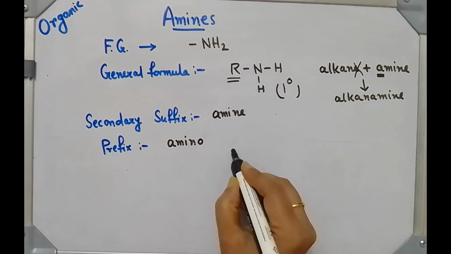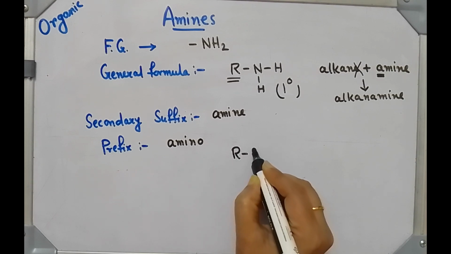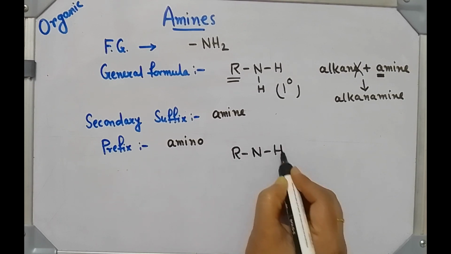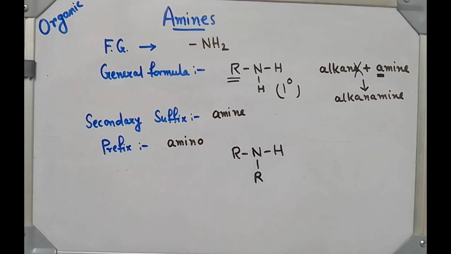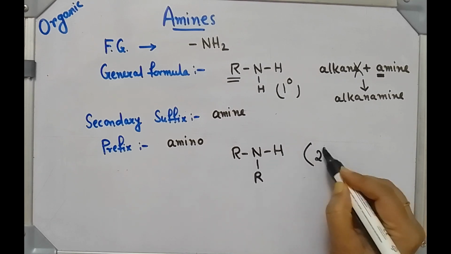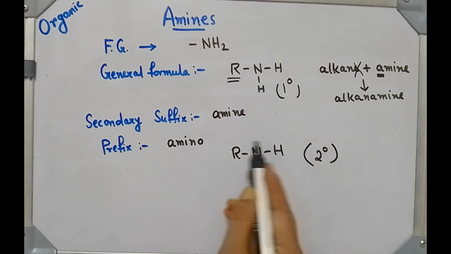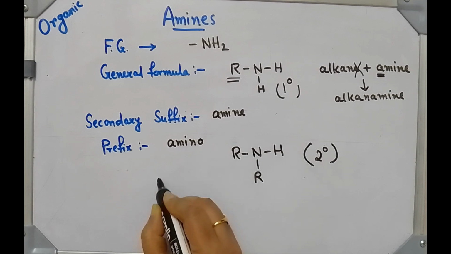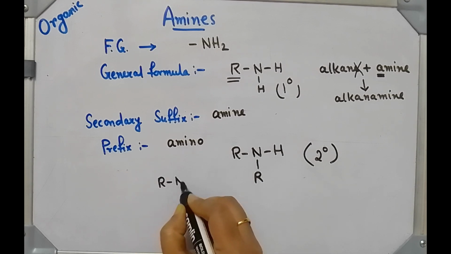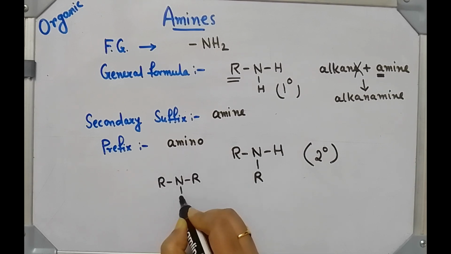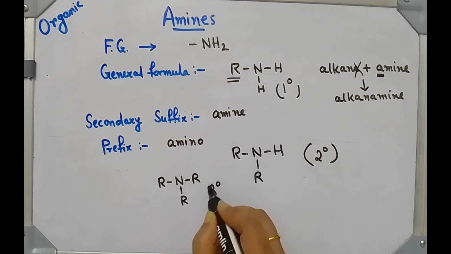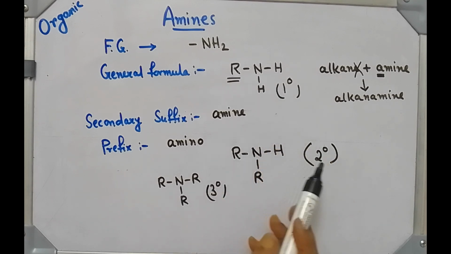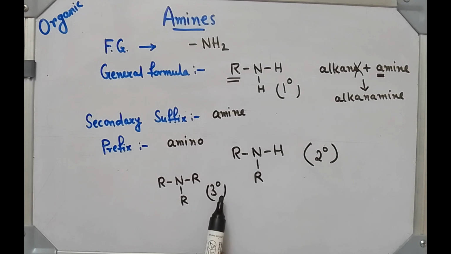If 2 hydrogen atoms are replaced, it is called secondary amine. And if all 3 hydrogen atoms are replaced by alkyl groups, it is called tertiary amine. So this is primary, this is secondary, this is tertiary amine.